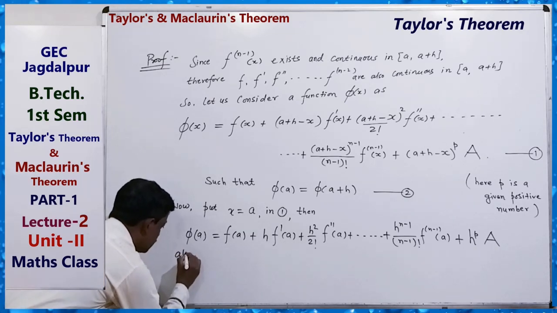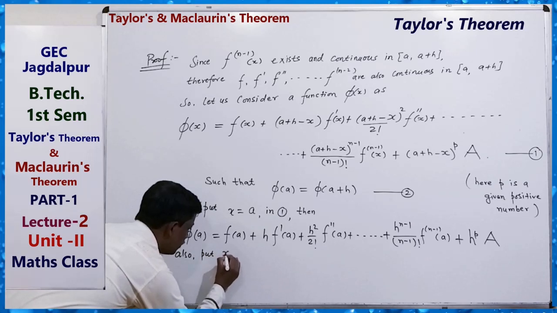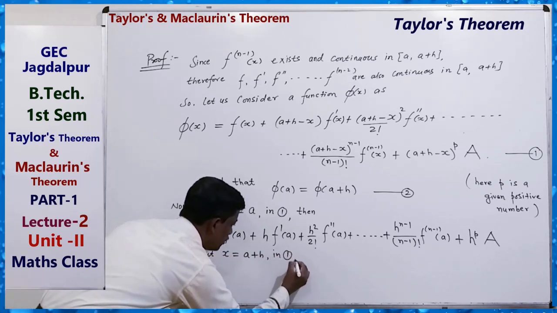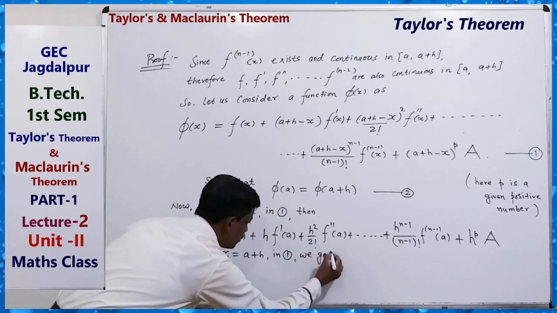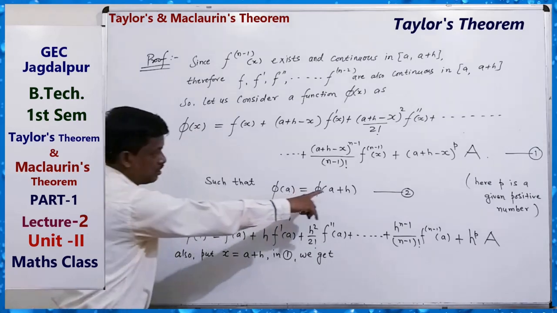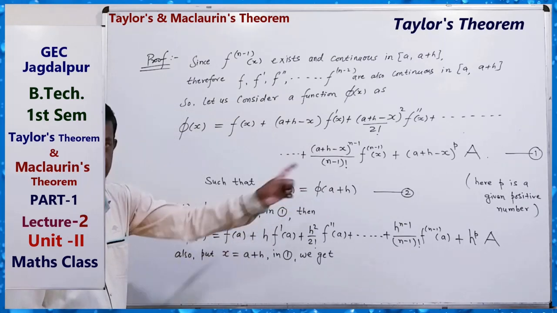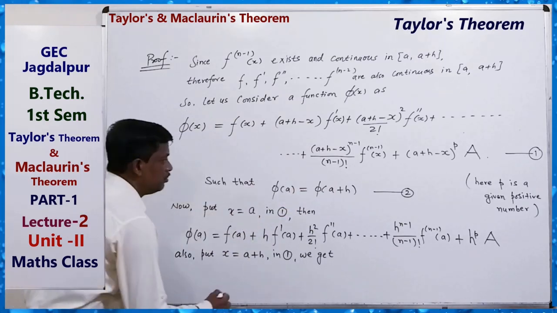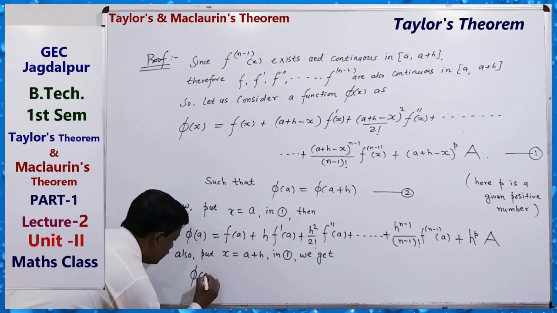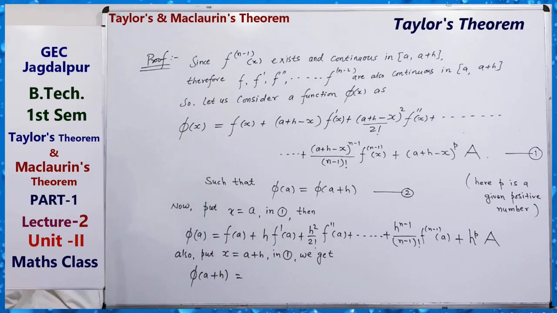Also put x equals to a plus h in equation 1. In this relation, in place of x, just put a plus h. For getting these two values, and by using this relation, we will get some other relation. Here phi a plus h, in place of x put a plus h.